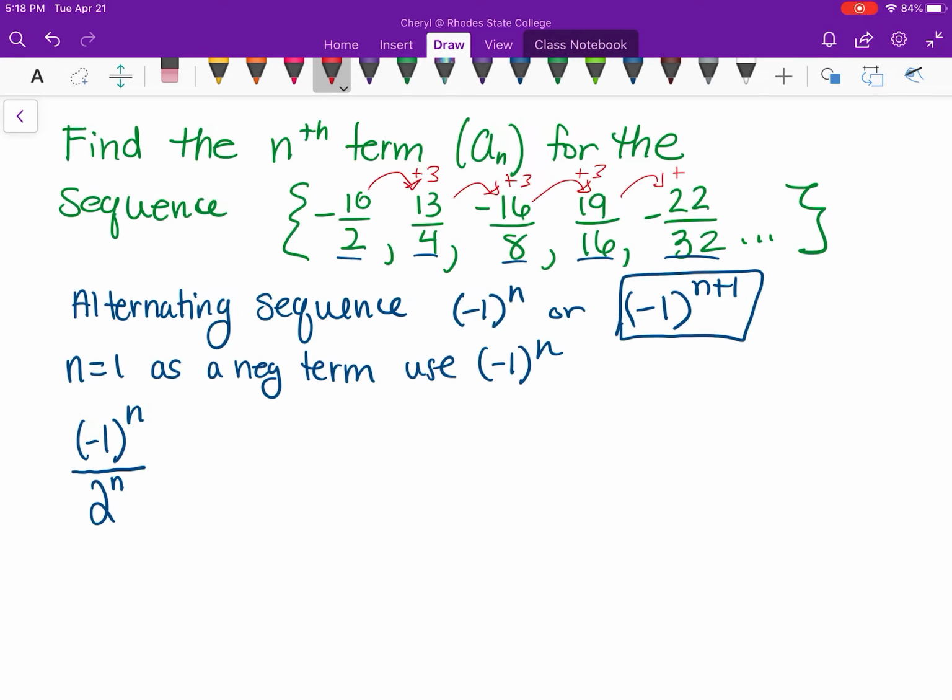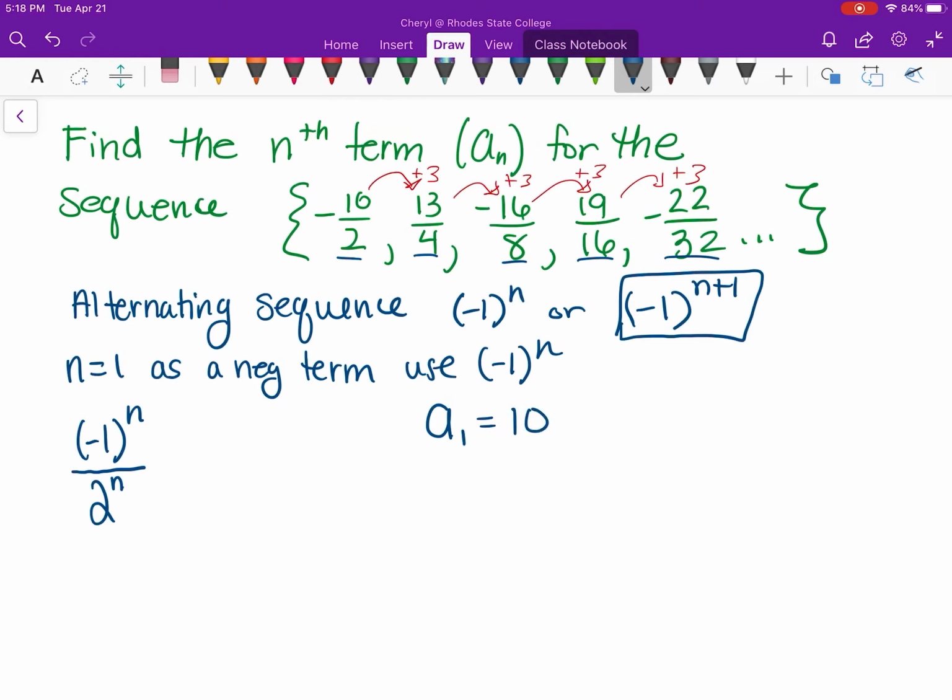Looking at just the number, not the sign, I keep adding 3. And when we have a value that we keep adding over and over again, that makes me think of the arithmetic sequence. So to figure out the numerator, we're going to use the arithmetic sequence formula.